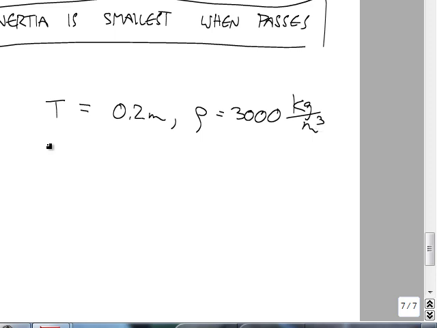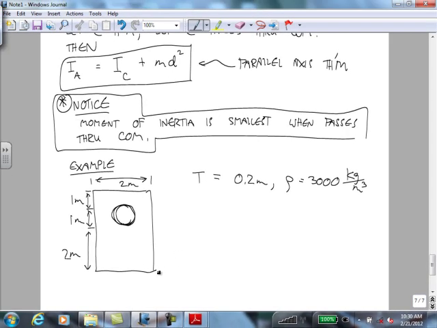let's call this axis A, and this axis B, coming out of the page. And the question is, first, what's the moment of inertia about A of this shape?